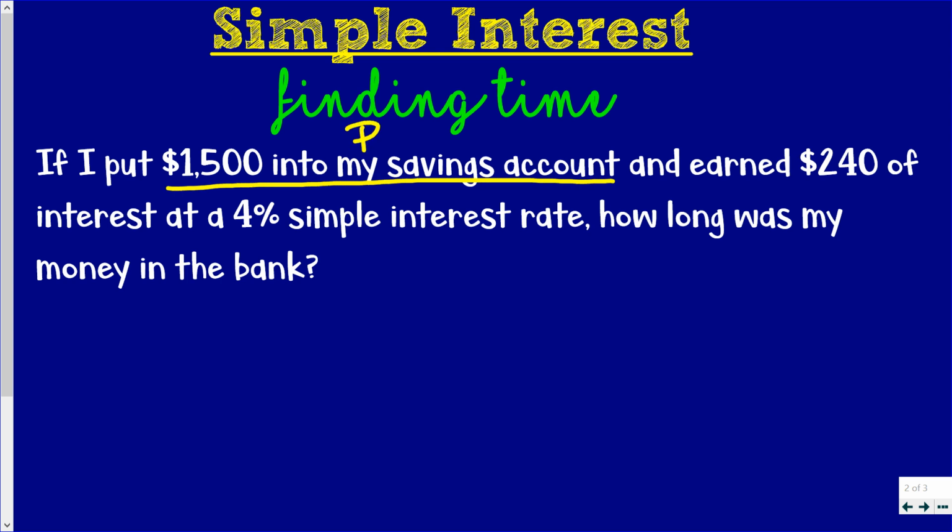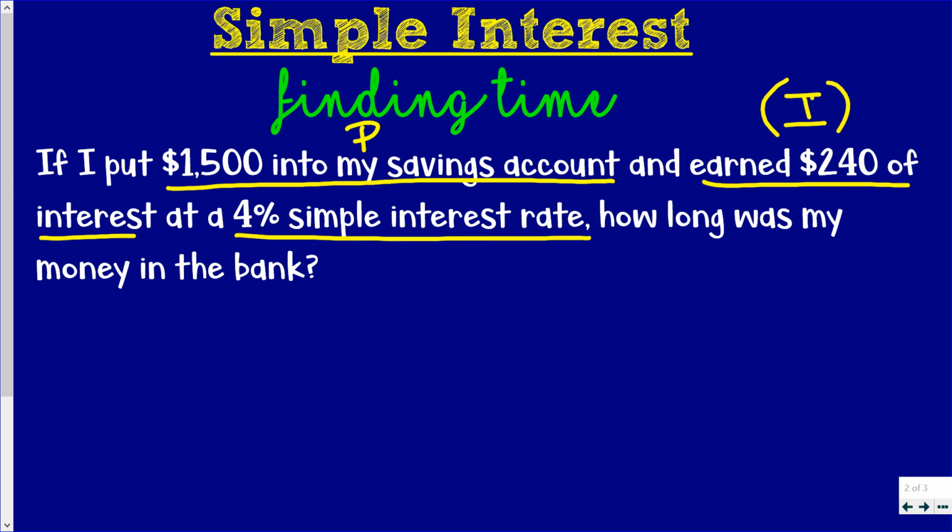So that's my P. I earned $240 in interest. So that is my I. And then 4% simple interest rate. Remember, 4% as a decimal is 0.04. And how long was my money in there? So we are measuring T. And we don't know what it is, so we're going to go ahead and solve for that.